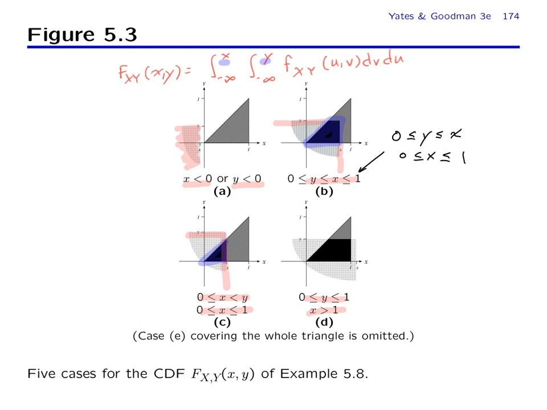And so in this case, we have the following, and we have an integral which is over part of the triangular region. And finally, there was a fifth case, which I didn't draw, but it's worth mentioning, and that's case E that covers the whole triangle.